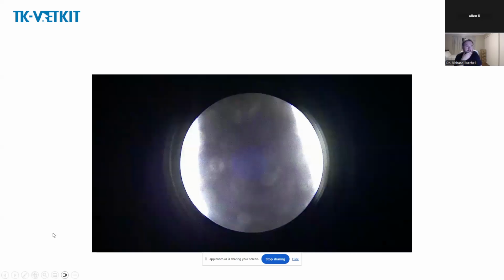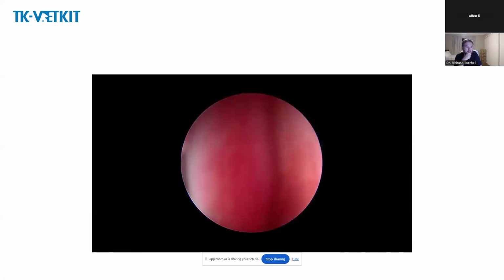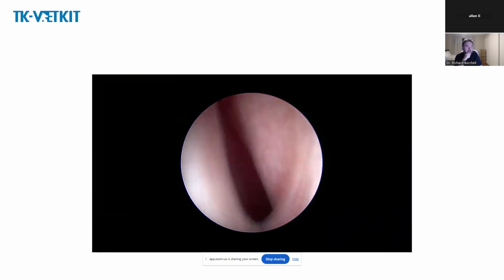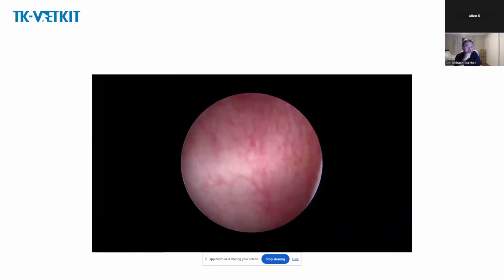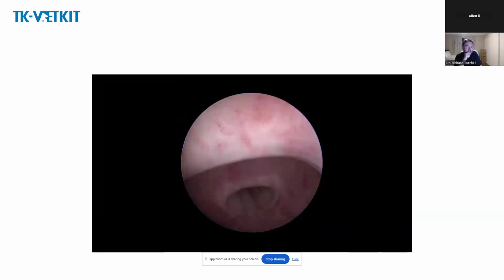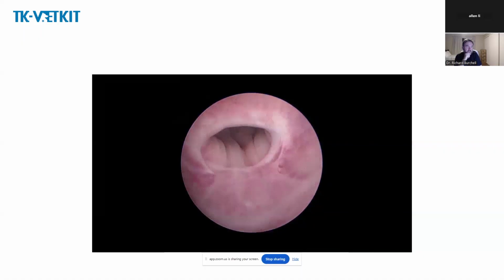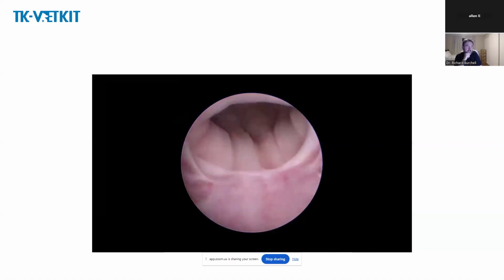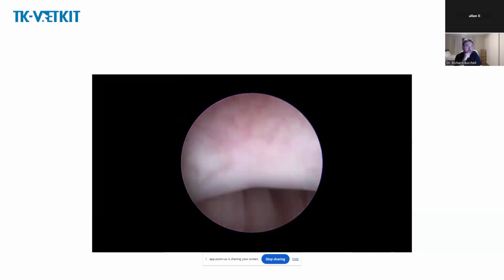So we are inserting the scope into the vulva, and now we're putting saline in, and then we're going to find our bearings. There we go. We've got the opening to the vagina over there, and the dog is on its chest.